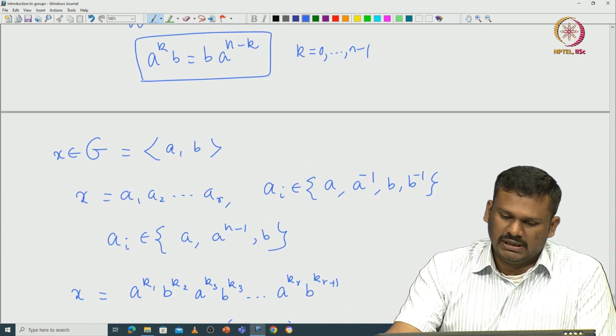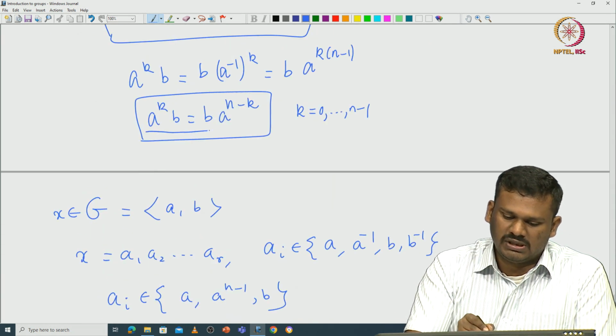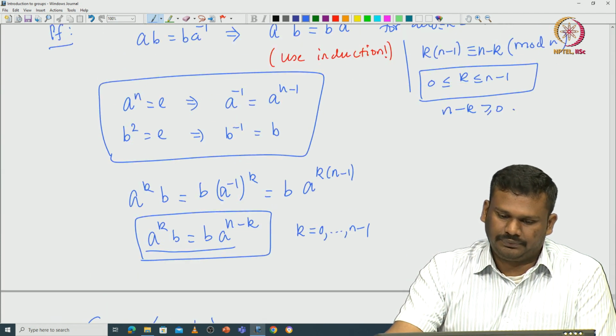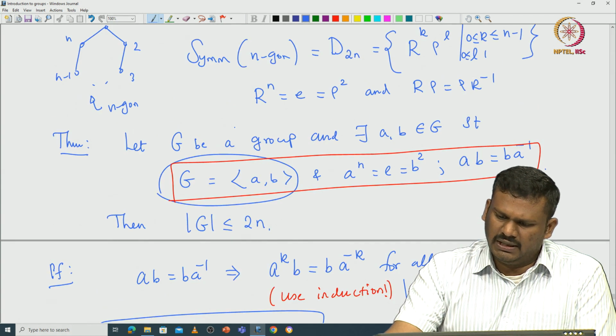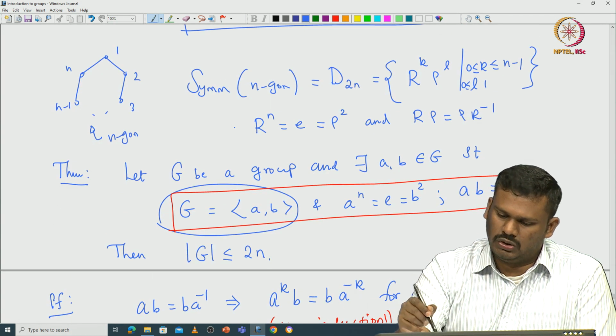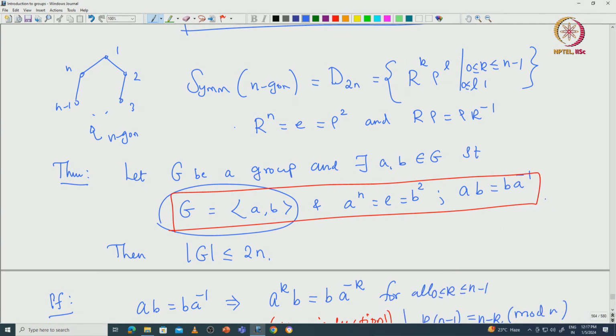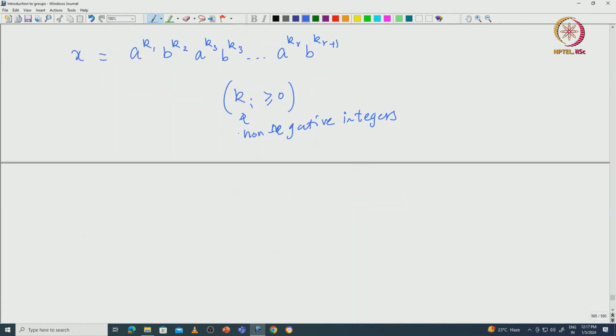So now using this relation, whenever you see a power k b, you are allowed to replace that by b a power n minus k. So whenever it is not in the correct order, we want to write it in the correct order. Let us make a claim first.